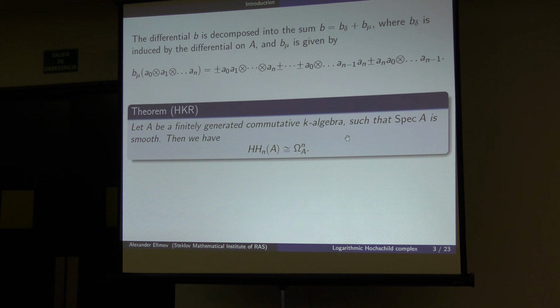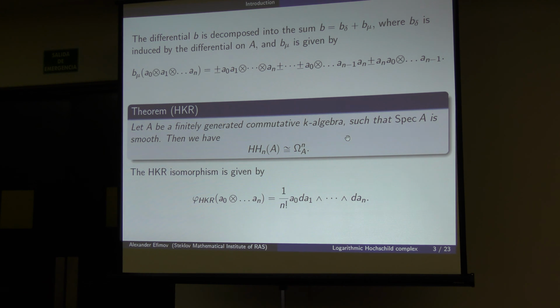And there is a well-known now post-classical result by Hochschild, Kostant and Rosenberg, which states that if A is a finitely generated commutative K-algebra, which is just an algebra of functions on a smooth affine variety, then this Hochschild homology is identified with differential forms on this affine variety.